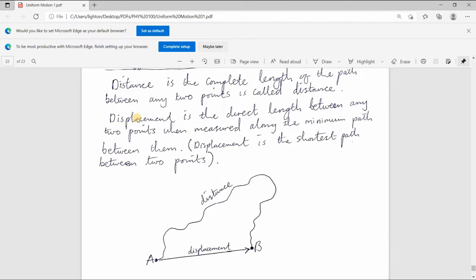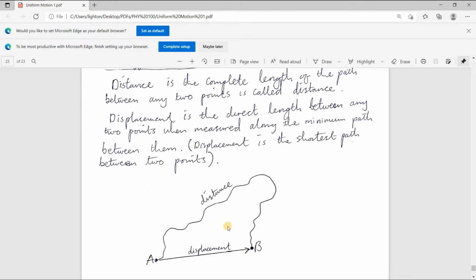How about displacement? Displacement is the direct length between any 2 points, when measured along the minimum path between them. Or in other words, displacement is just the shortest path between 2 points.